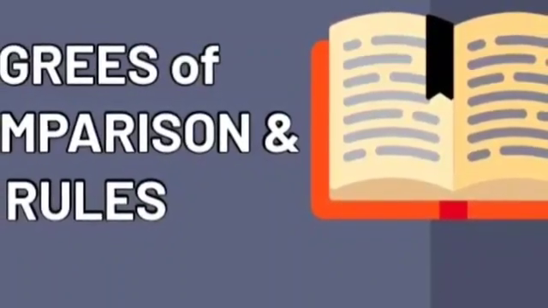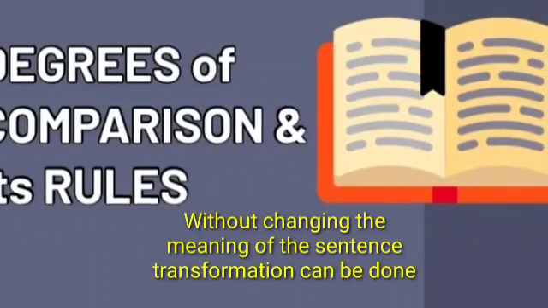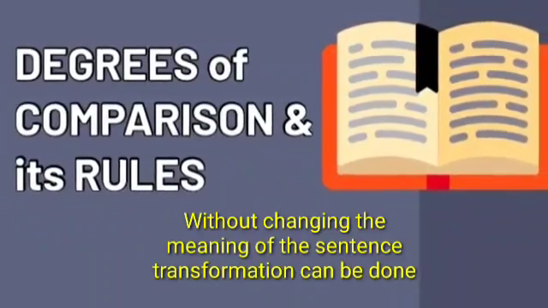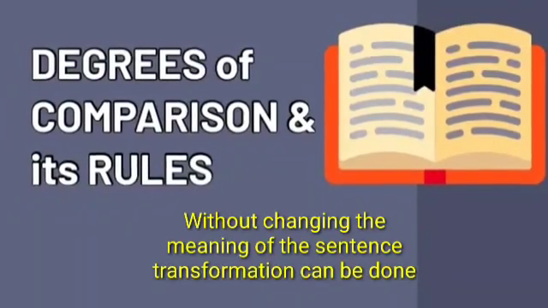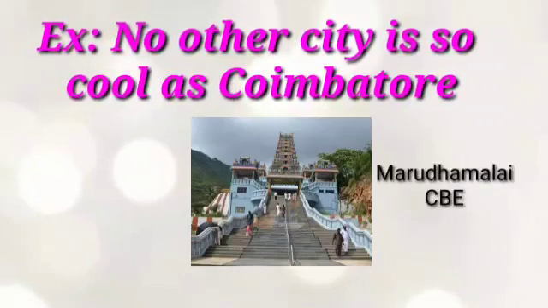We can change the degrees of comparison of an adjective or adverb in a sentence without changing the meaning of the sentence. It is possible when we follow the rules. For example, no other city is so cool as Coimbatore. First we have to find out what form of comparison the given sentence is in.